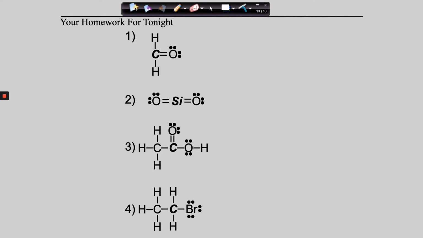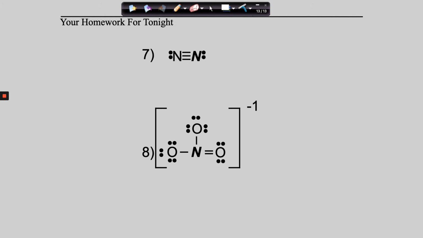Now guys, let's do number 7 together. So guys, looking at number 7, we've got N2. Which one is the central atom? Either one, but you got to pick. So guys, let's say, for example, we choose the nitrogen on the right. How many domains are on that nitrogen? 2.